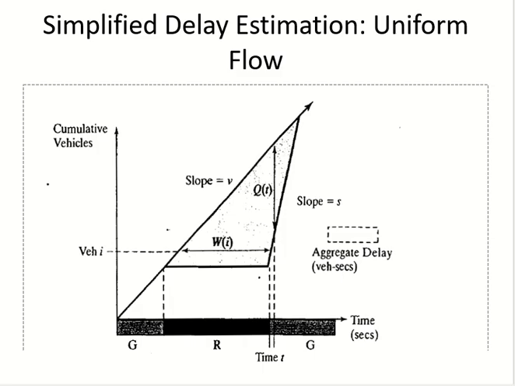It's the number of vehicles, not flow. Flow would be per unit time. Which vehicles? The vehicles in the queue. That's why they wrote queue. This is the queue at this time.